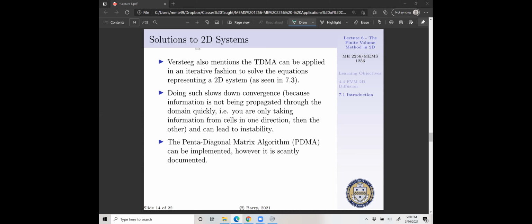And then you solve your way backward. So the PDMA method works. However, no text I found provides an example of it. But I think this would be something fun if you're interested in doing. I could steer you to the paper that outlines it, and you can give it a try and see if it's faster than matrix inversion or some of these iterative methods.